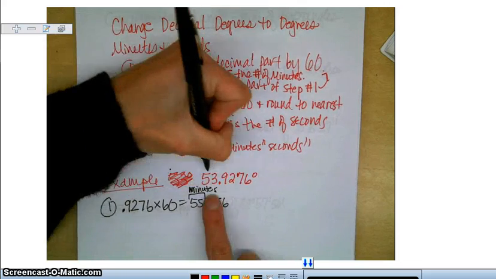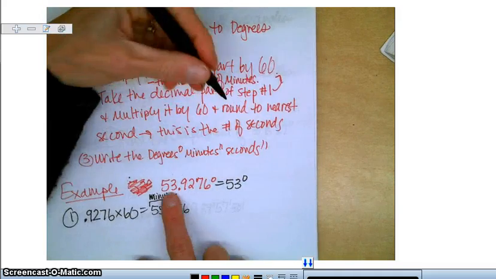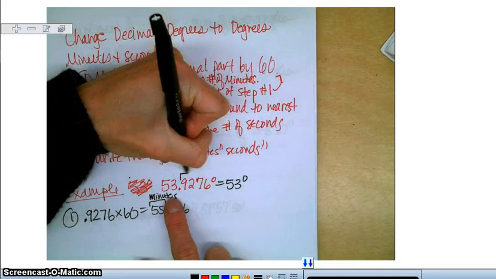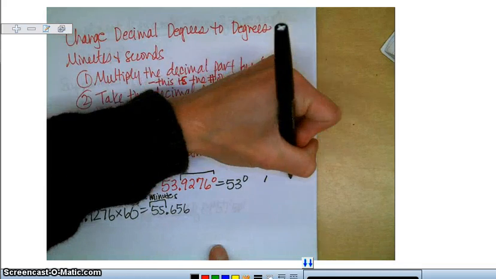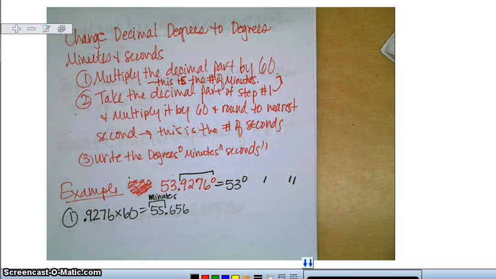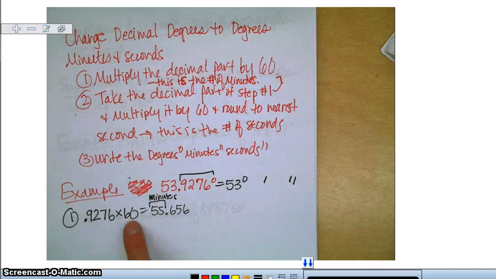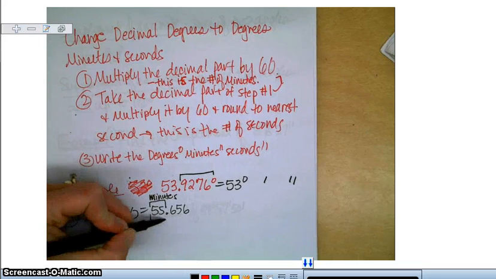I know that what I'm going to write is 53 degrees, because the degrees part stays the same. It's just this part that needs to change into the minutes and the seconds. So we have 53, that's the degrees. We found the minutes by taking the decimal part, multiplying it by 60, and just taking the part before the decimal.